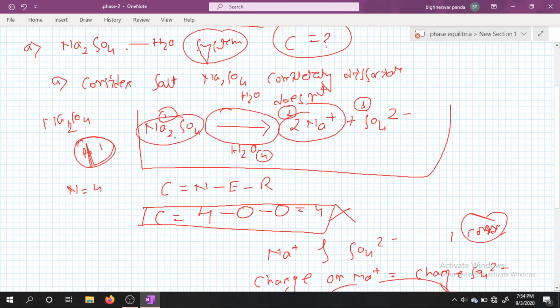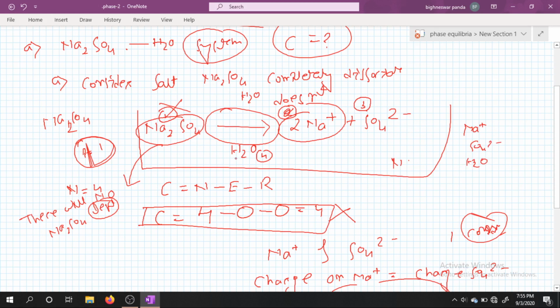If Na2SO4 completely dissociated, that means there will be no Na2SO4 left. Then the constituents will be Na plus, SO4 2 minus and water. Since Na2SO4 completely dissociates, there will be no Na2SO4.